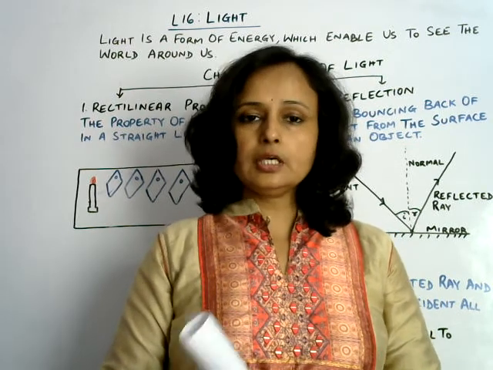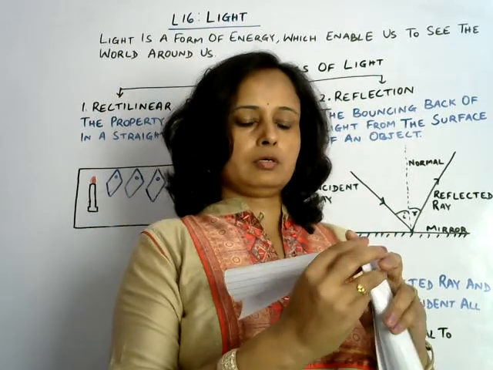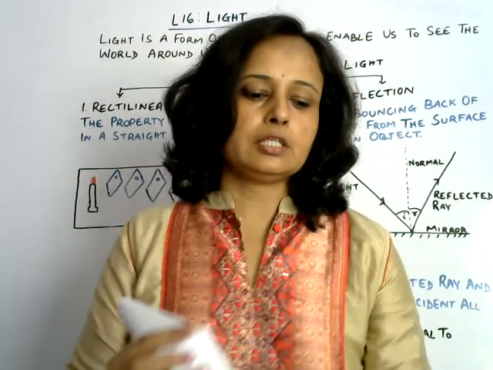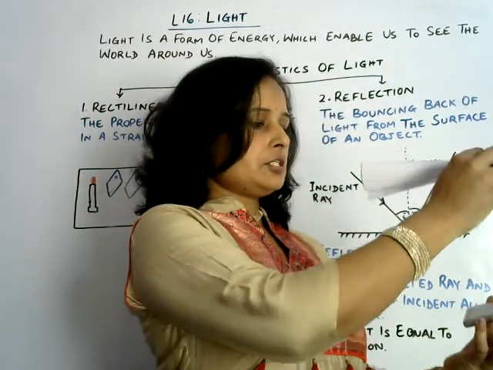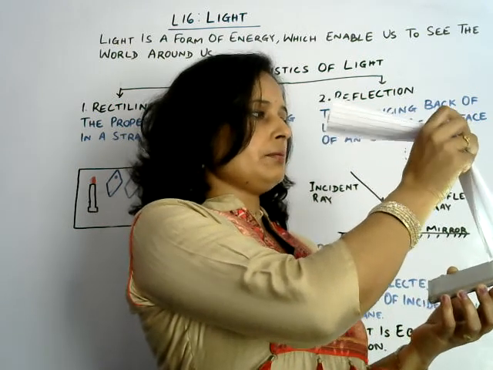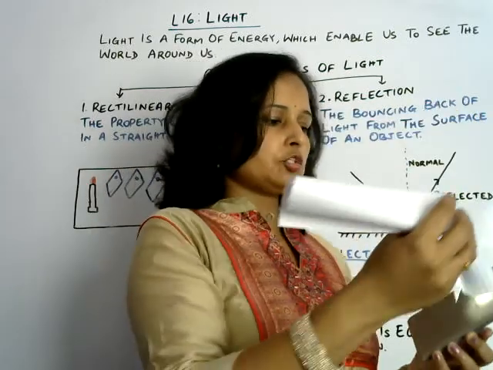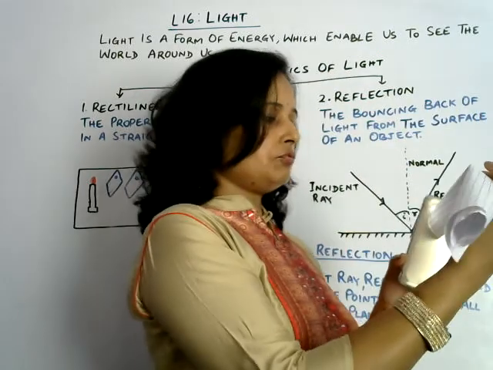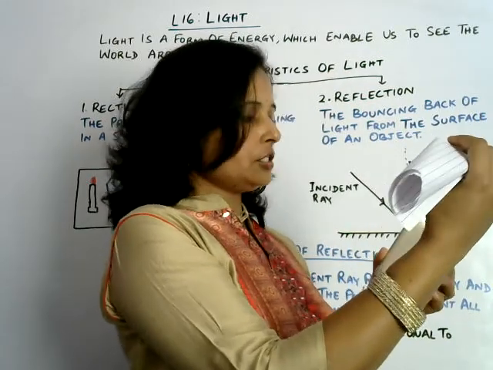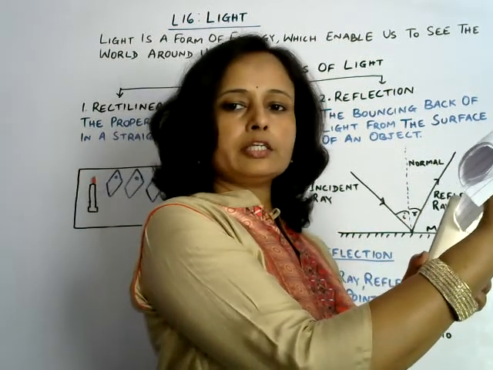Now I am folding this tube like this. Now I am not able to see the light. Why? Because light travels in a straight line. I am trying my best but not able to see. Why? Because this tube is folded, so we can't see the light through a folded tube. Light is traveling, but there is an obstacle.